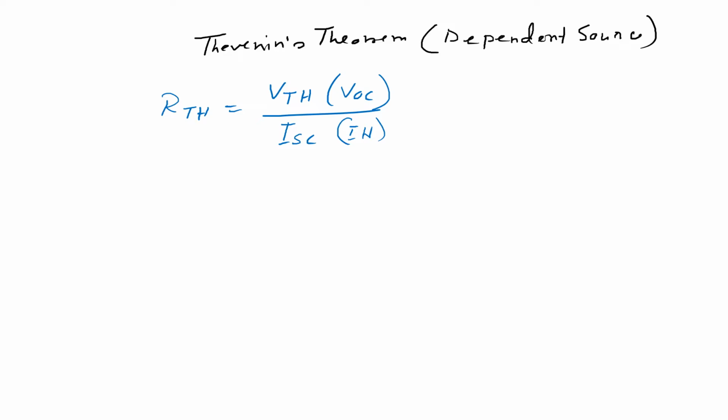Now say first problem is like that. The circuit consists of one independent source and one dependent source.